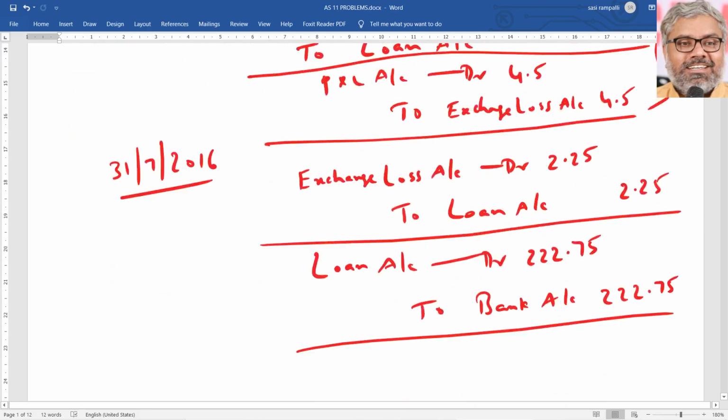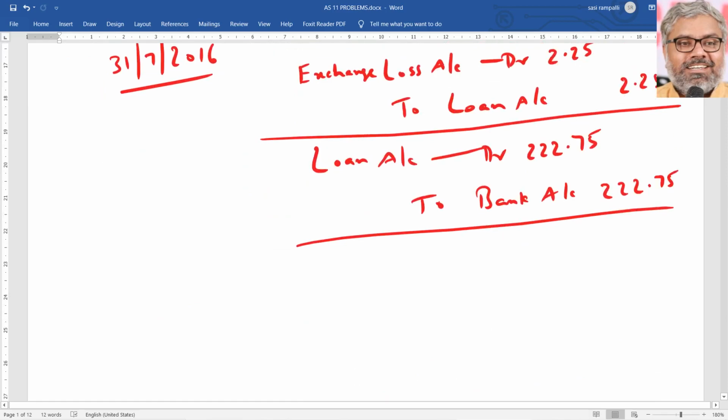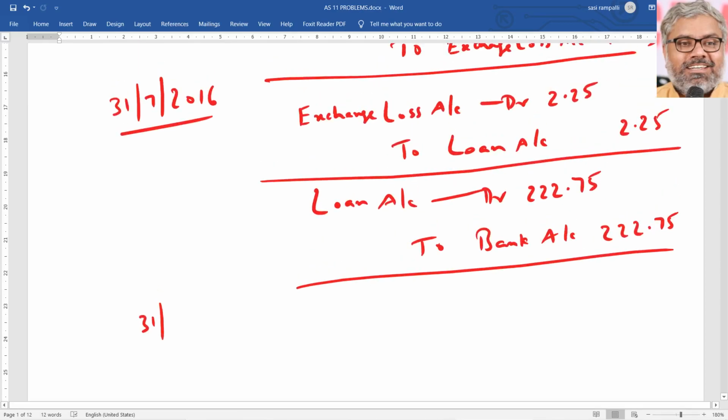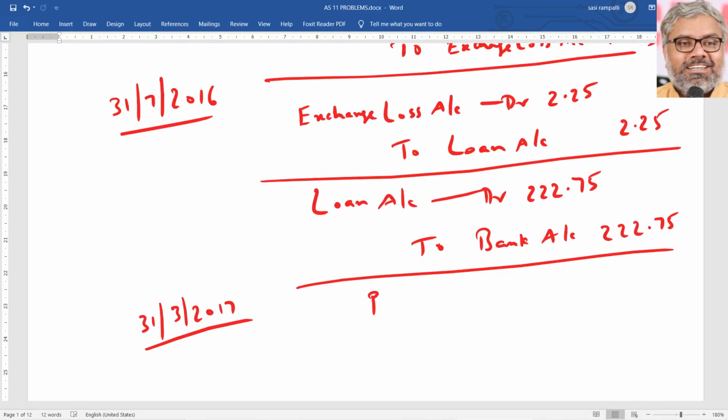Now, what happens to this exchange loss? You can say 31st July itself, or you can even say, because this is a final accounts entry, on 31st March 2017, which is the closing of next year, then the exchange loss will be transferred to P&L account naturally.